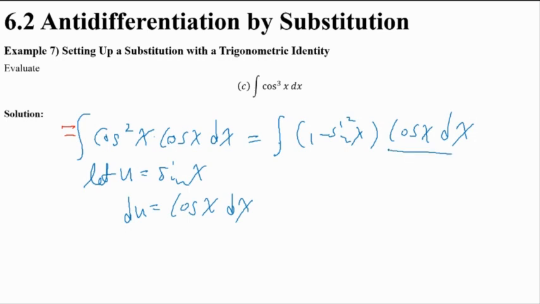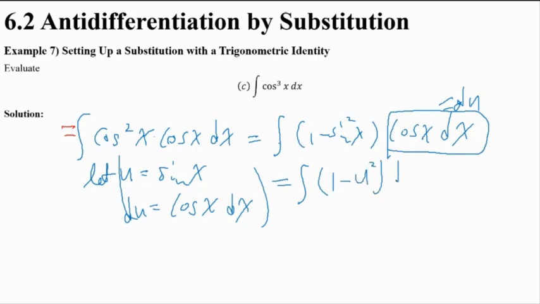We're trying to make this part simply like du. So the integral of 1 minus u squared du. Can you see that? Much simpler.